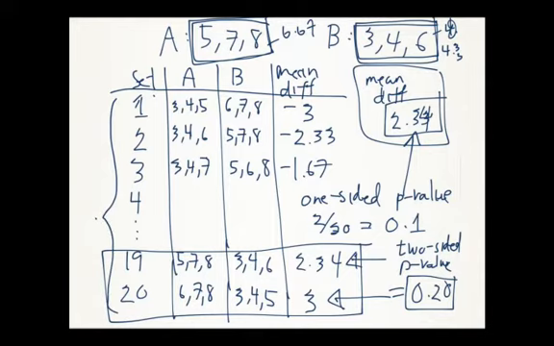And then we said which ones of those lead to the statistic of interest, the mean difference, being as or more extreme than the observed result. The observed result was a mean difference of 2.34. There was only one that was as extreme, and then there was one that was more extreme. And that gave us our one-sided p-value, 0.1. We multiplied it by 2 to get the two-sided p-value, 0.2.